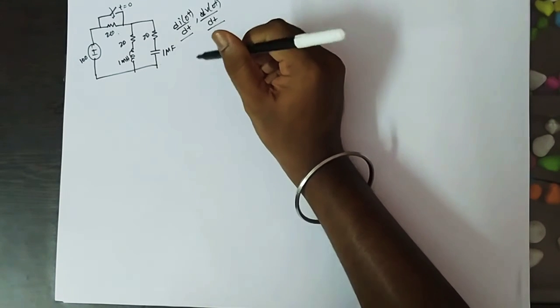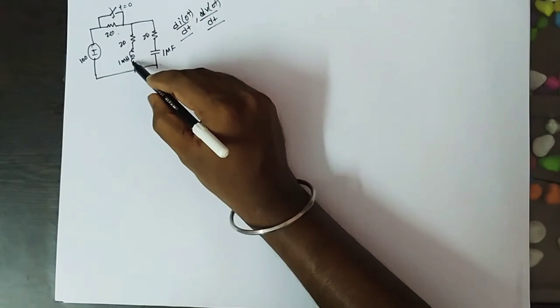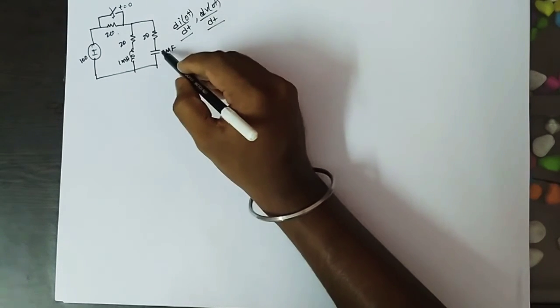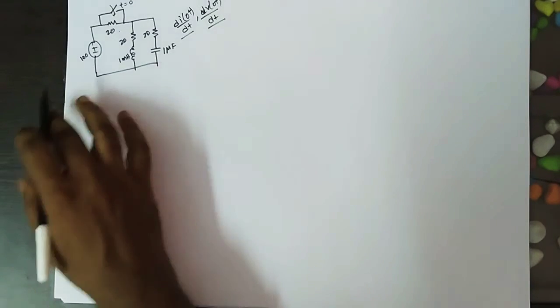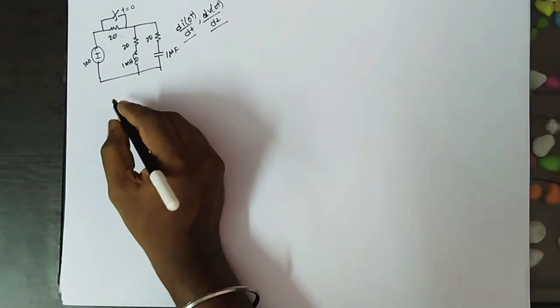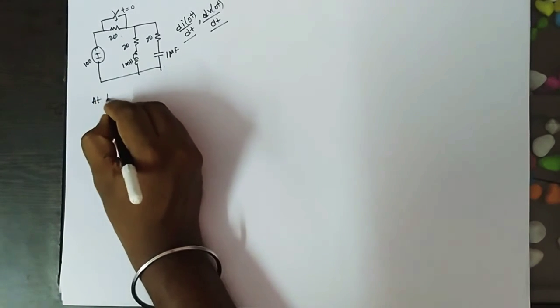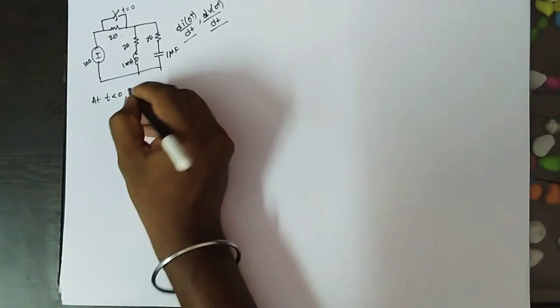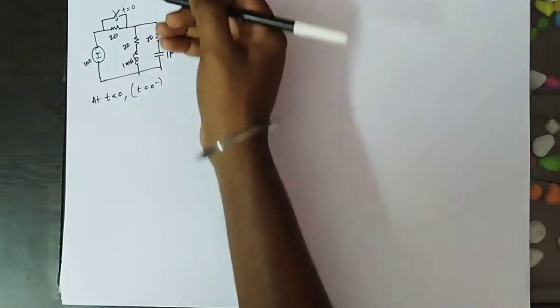Once again I am reminding you that change in current means you need to observe across inductor. Change in voltage means voltage across capacitor. Now your job is to find initial current and initial voltages of inductor and capacitor. That means at t less than 0, that is t equal to 0 minus condition, the switch is not operated.